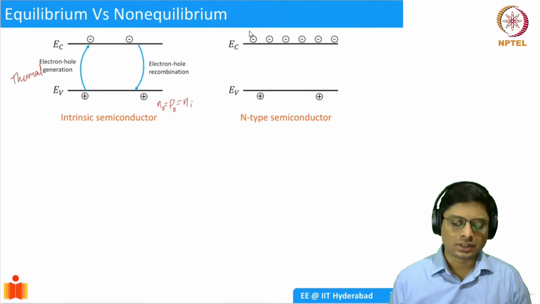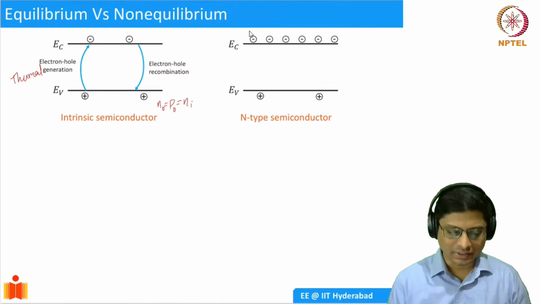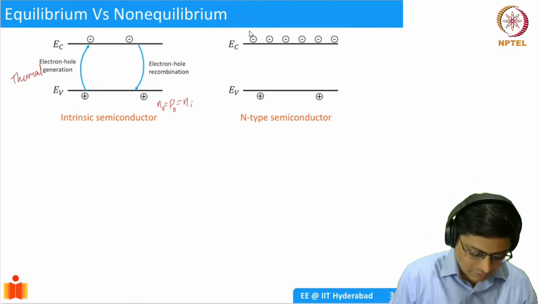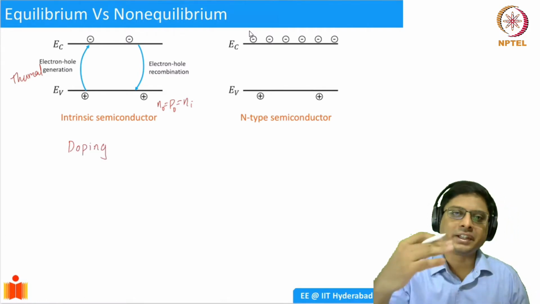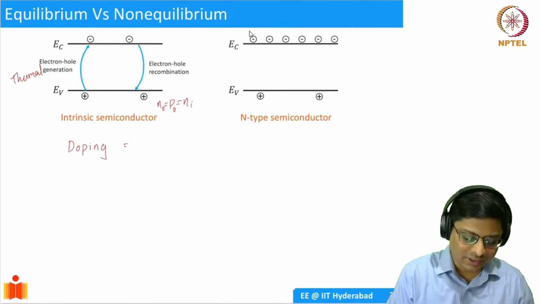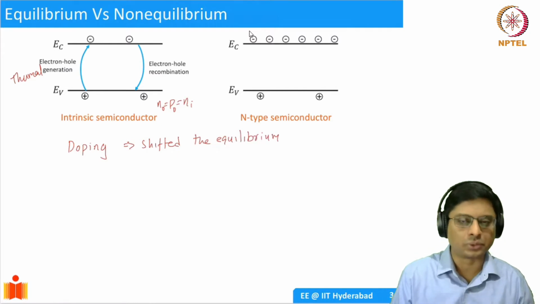Now, we also saw the cases of extrinsic semiconductors, wherein we tried to use doping, and what doping did was shift the equilibrium, right? It shifted the equilibrium, and therefore you have more electrons and fewer holes.